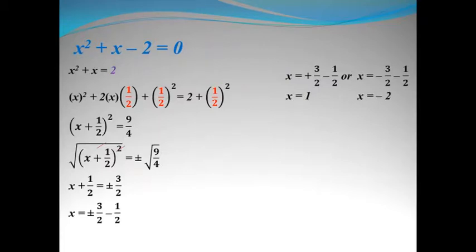And the answers, by simplifying the first equation, is x equals 1, and the simplification of the second equation gives us x equals minus 2. These are the 2 solutions of the equation x square plus x minus 2 is equal to 0.